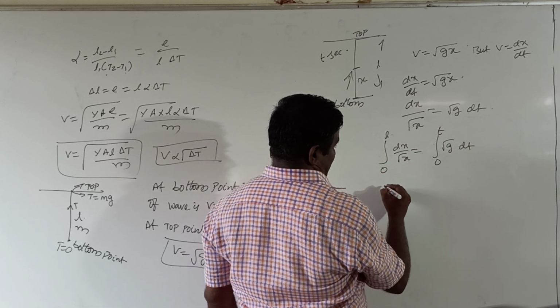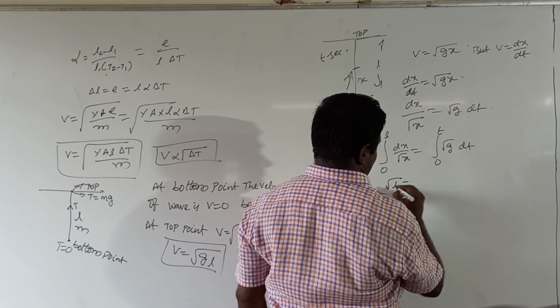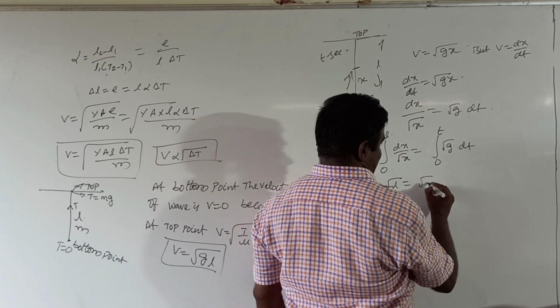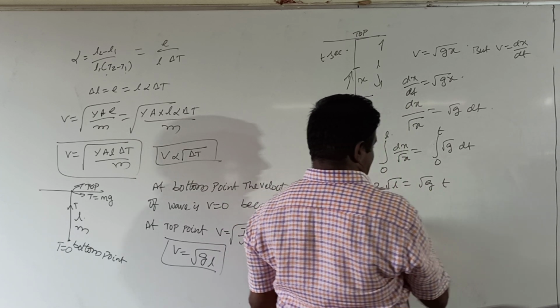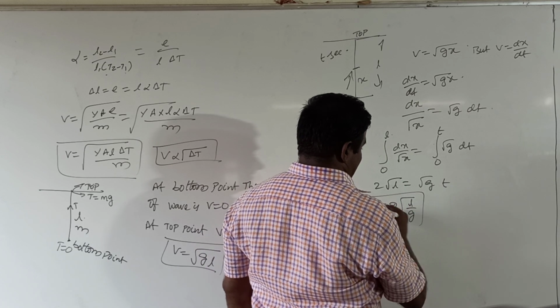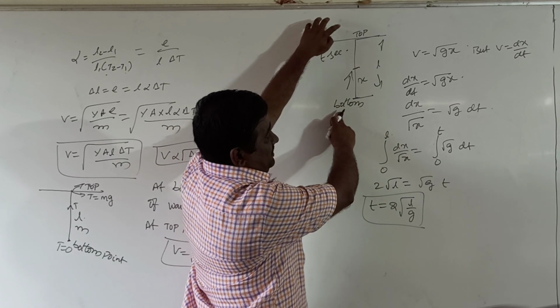Then we get 2 into root L equals root g into t. Then t equals 2 into root over L by g is the time taken by the transverse wave to reach from bottom to top.